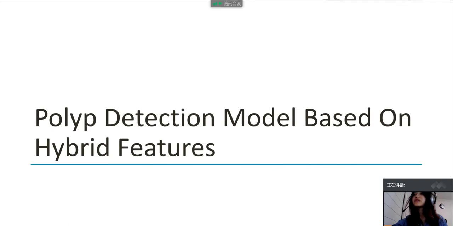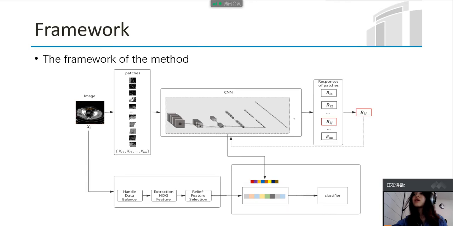And then, based on the conceptual model, we propose a polyp detection model based on hybrid features. In our method framework, we extract the HOG feature set from the ROI region after pre-processing the image dataset.